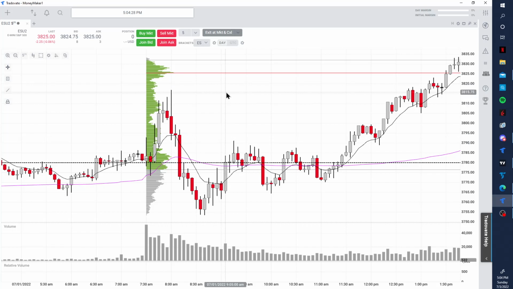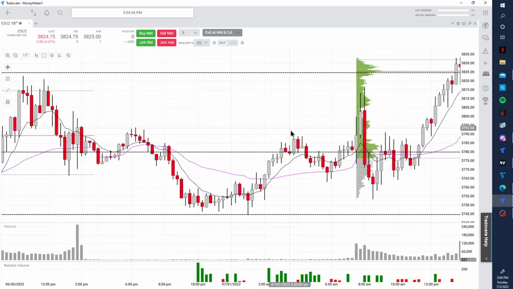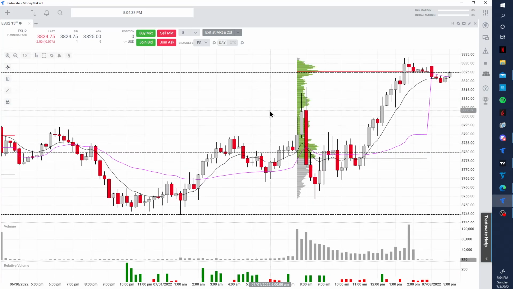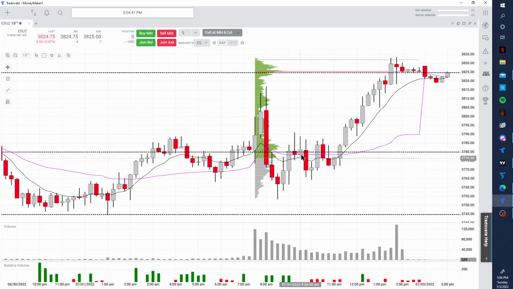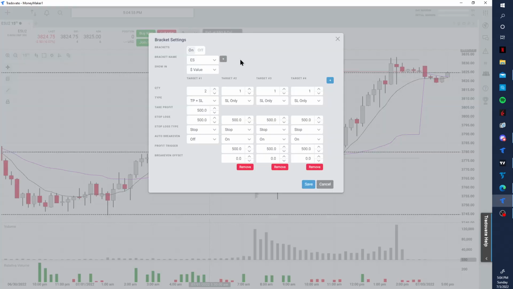One of my issues was that I'm mostly looking for bigger moves in the stock market, and when it's rangy and choppy, if I get in and it doesn't go anywhere, even if I'm in profit for a little bit, it can come back and hit my stop loss. I feel like it's kind of dumb if I'm up like 2 grand or something to end up being red on a trade. So I started implementing the brackets up here, and these are my settings right now.